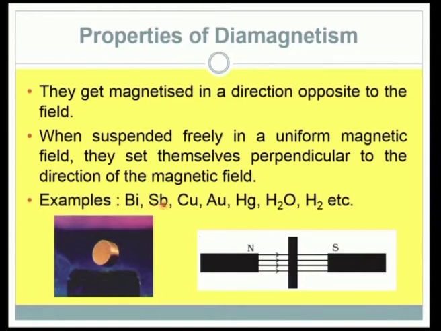And I have given you some of the examples of the diamagnetic materials. And this is how the alignment happens when a diamagnetic specimen is kept in the external magnetic field. It aligns in the perpendicular direction. It is already magnetized, so it gets magnetized, it aligns in the perpendicular direction.